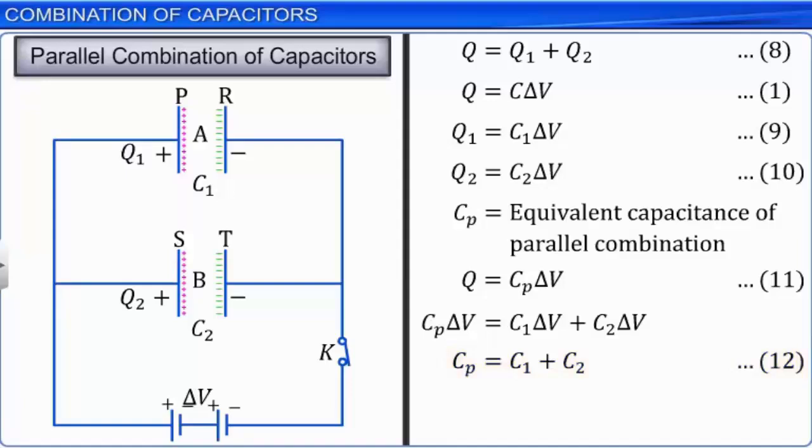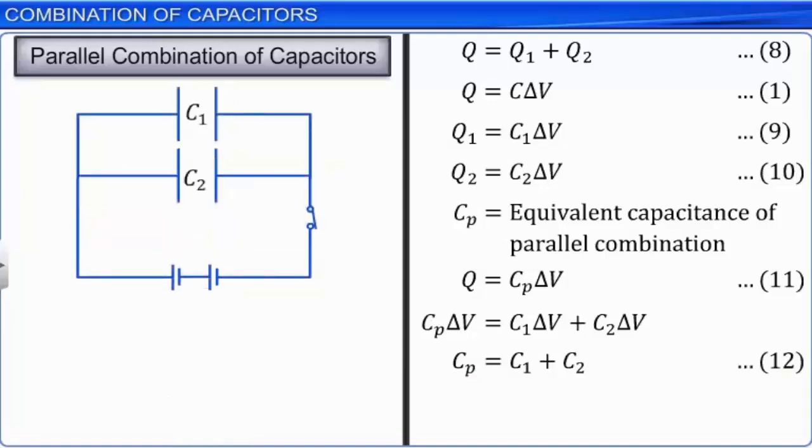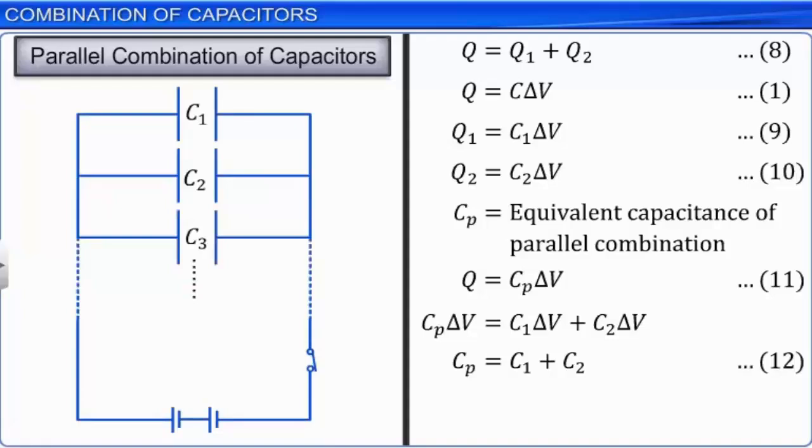If n number of capacitors with capacitances C1, C2, C3, so on, up to Cn are connected in parallel, then the expression for equivalent capacitance of the combination Cp is given by Cp is equal to C1 plus C2 plus C3 plus so on plus Cn. Let this be equation 13.